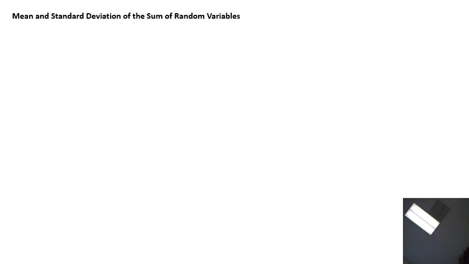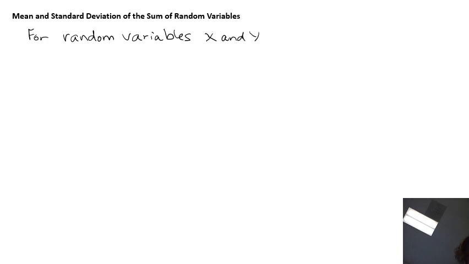So these are the rules for the mean and standard deviation of the sum of random variables. For random variables x and y, if we add x plus y, the mean of x plus y is just the mean of the random variable x plus the mean of the random variable y.